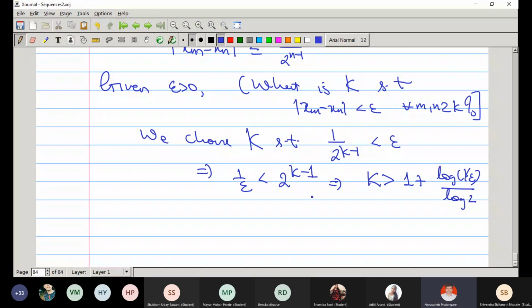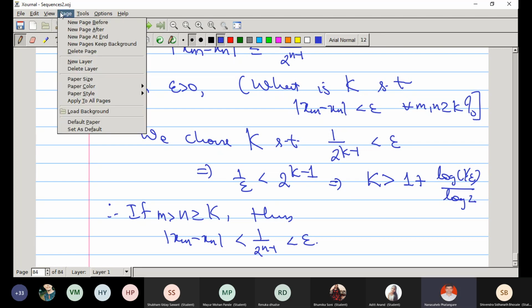Right. Therefore, if n is greater than or equal to k, and you choose any m greater than n, then xm minus xn is less than 1 upon 2 raised to n minus 1, which is less than epsilon. That you can just verify, right?